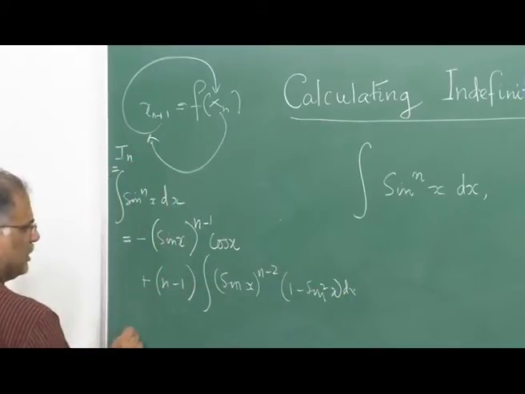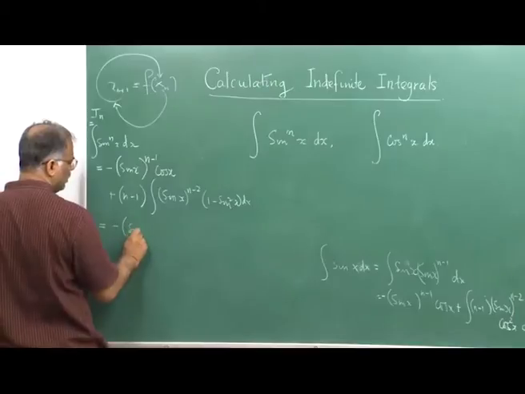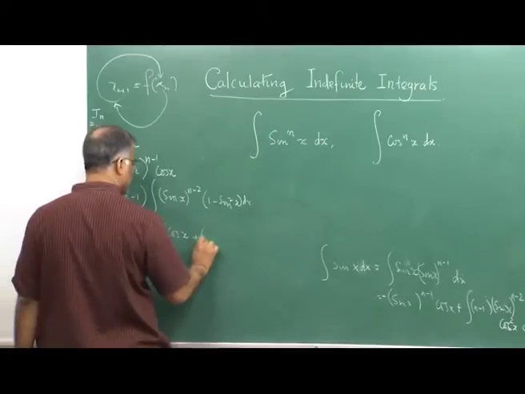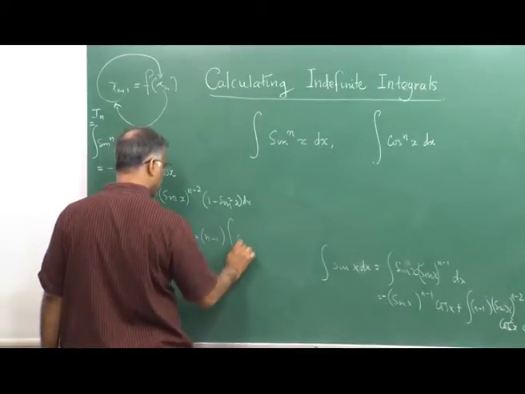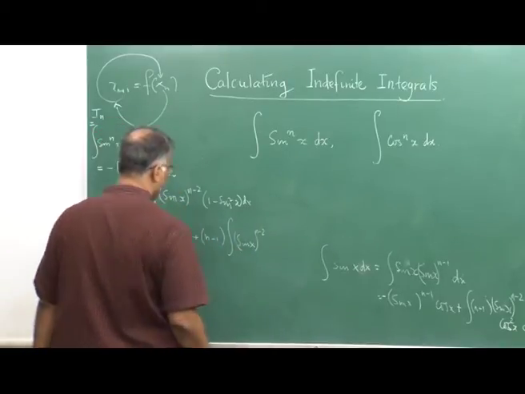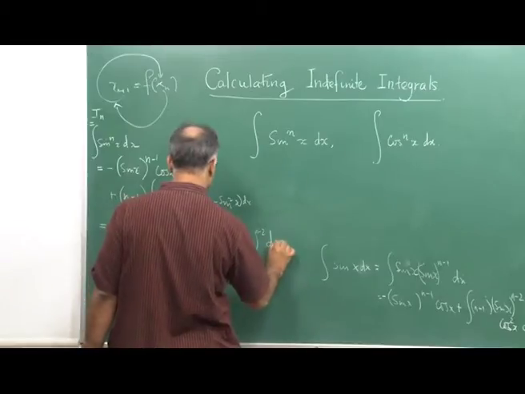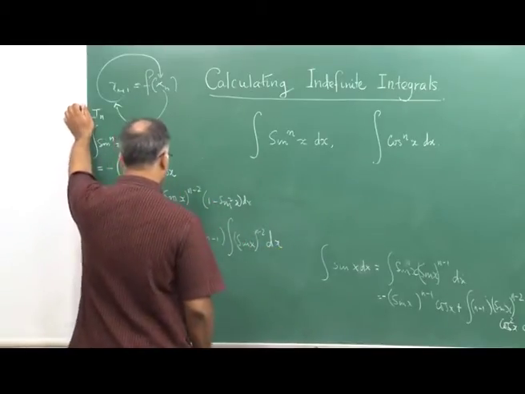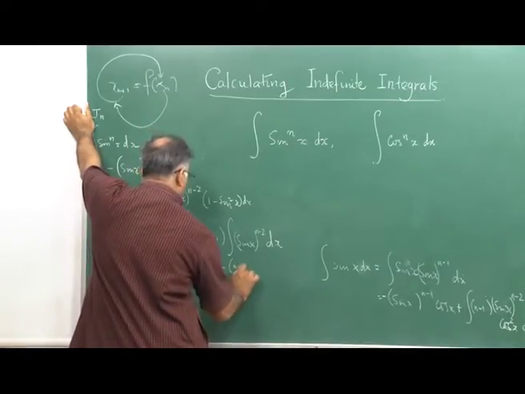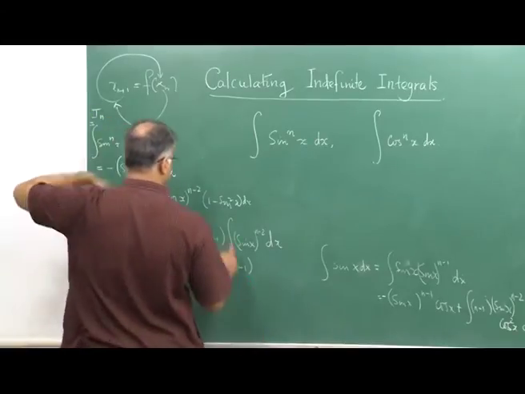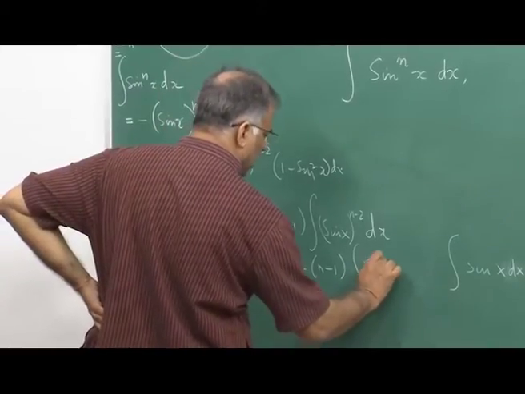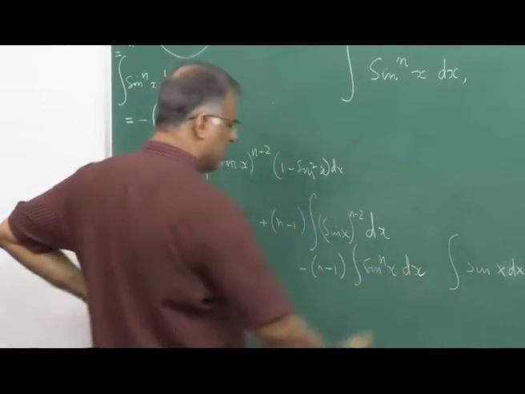So, that is finally minus sine of x to the n minus 1 cos x plus n minus 1 integral sine of x to the n minus 2 dx, right, plus minus n minus 1 integral, if I multiply this, it will become sine n of x dx, right.